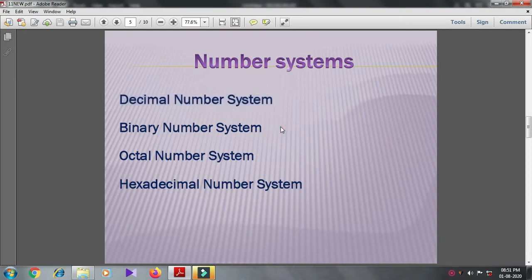In digital representation, the number systems are classified into four fundamental types: first, decimal number system, then binary number system, octal number system, and last one, hexadecimal number system.